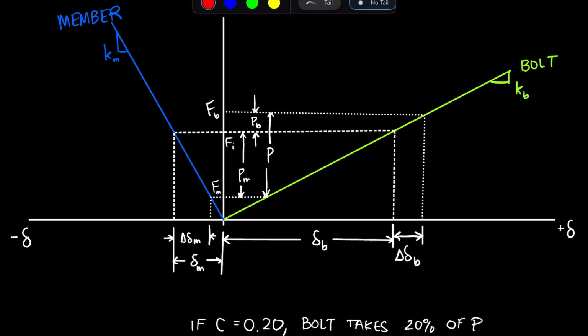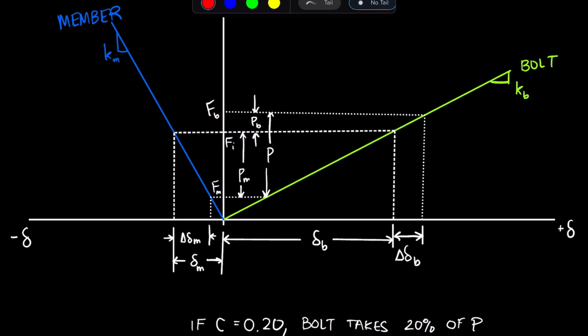You can see that in this chart, right? PB looks smaller than PM, and that's typical. A stiffness constant of 0.20 is pretty typical for a standard bolted joint. And that means that when we apply an external load, only 20% of it actually goes to the bolt, and the other 80% goes to separating the members.